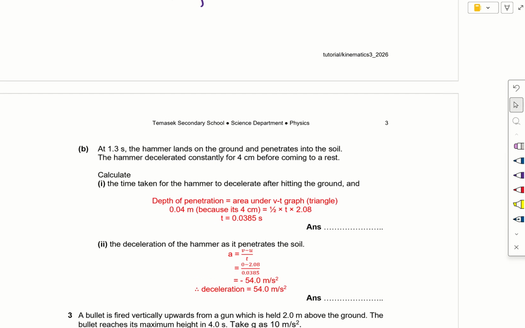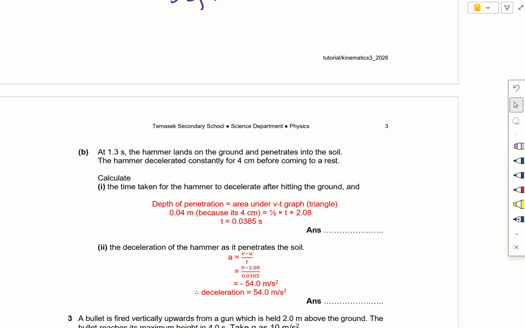Okay, at 1.3 seconds, the hammer lands on the ground and penetrates into the soil. So it decelerated uniformly or constantly. That means later you need to draw a straight line. Okay, for 4 cm before coming to a rest. So the final velocity becomes 0.